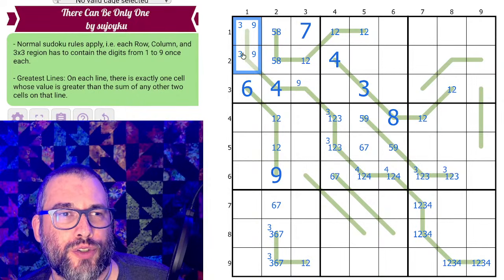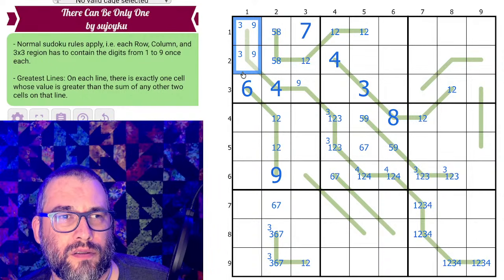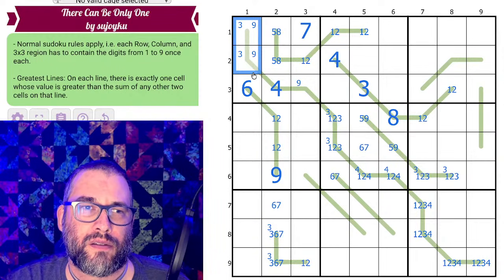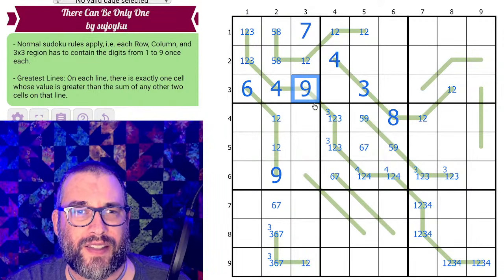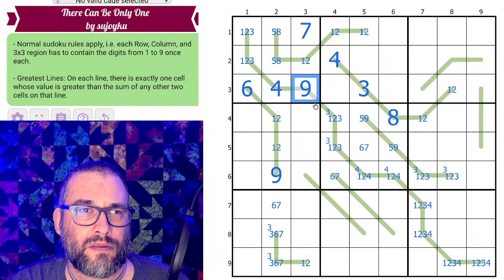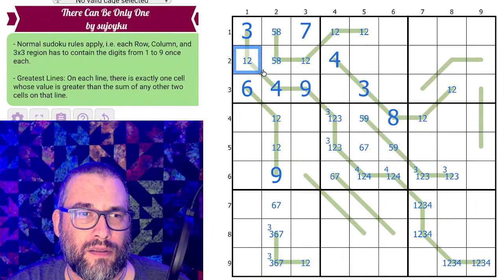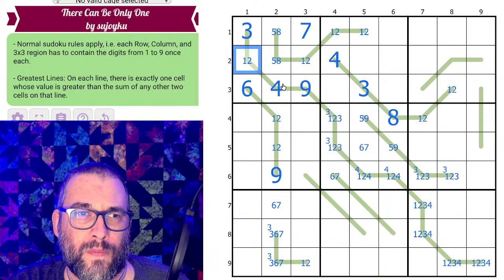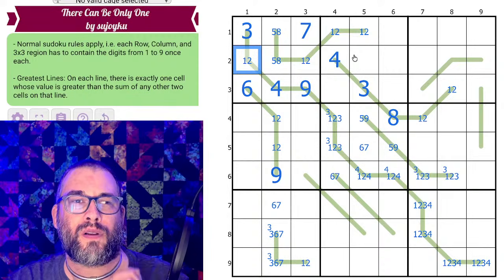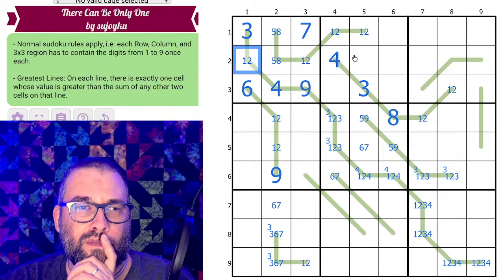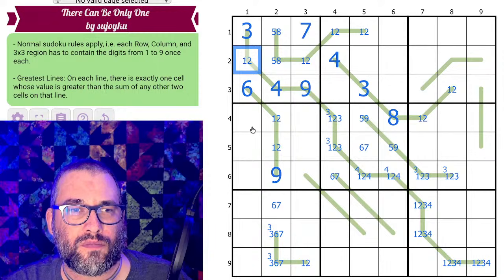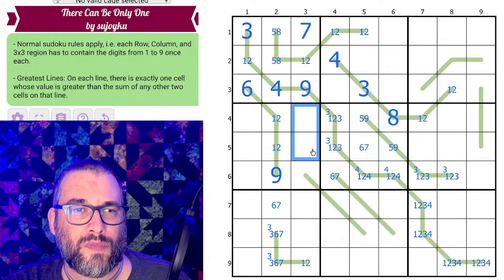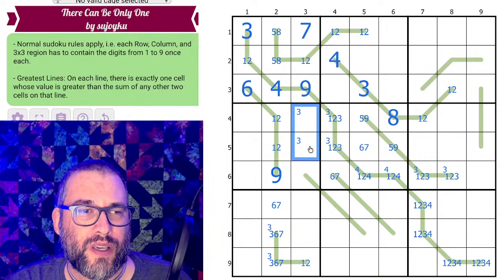So the second 1, 2 in box 1 is over here, joining the 3. So these are from 1, 2, 3, and that's the 9. And that's the 3. There's a 3 in one of these cells.